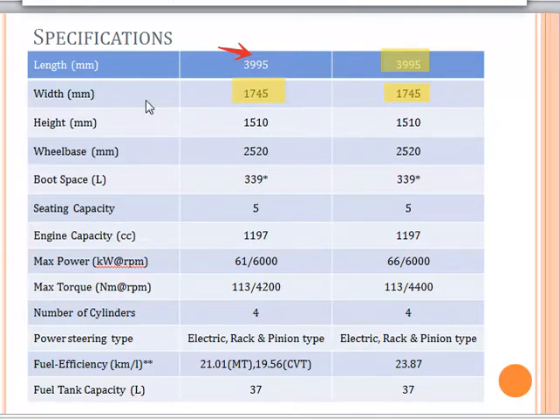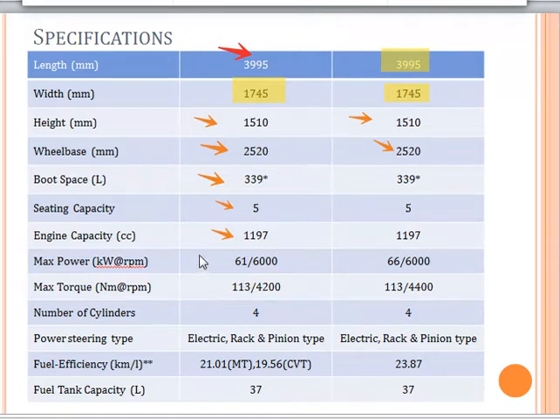Similarly, here you can see the height of the vehicle from the ground, and the wheelbase. Wheelbase means wheel to wheel distance. Then boot space, which is 339 liters. Sitting capacity, 5 persons can sit. Engine capacity, now what is the engine capacity? 1197. So this is the swept volume of the engine.